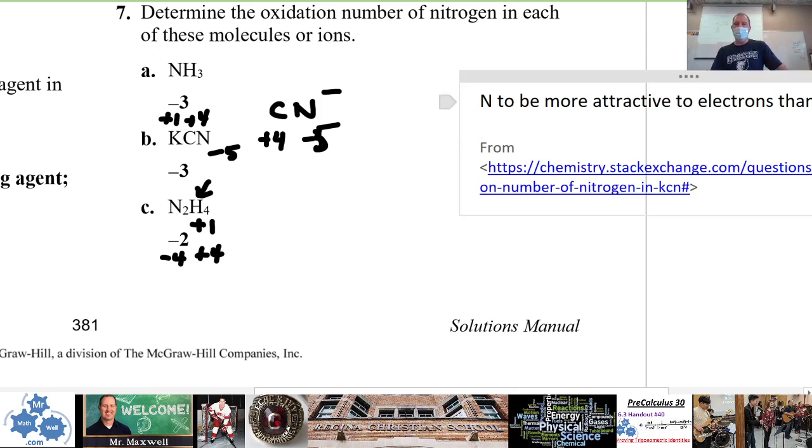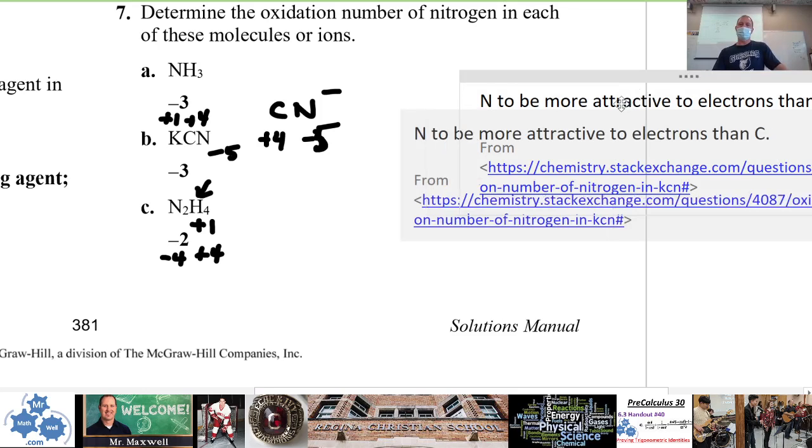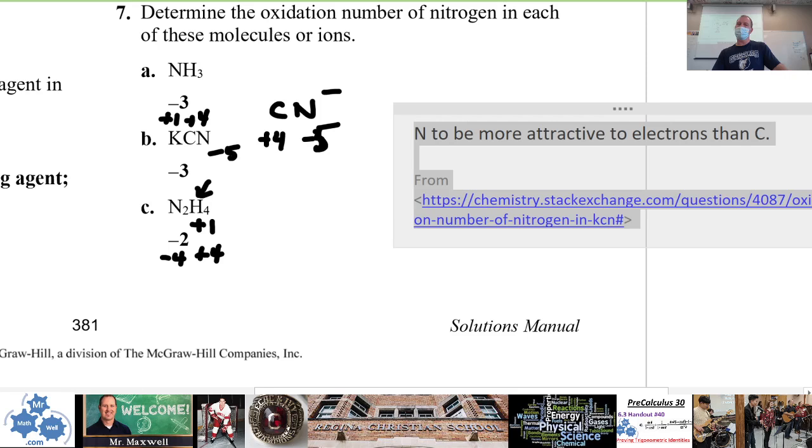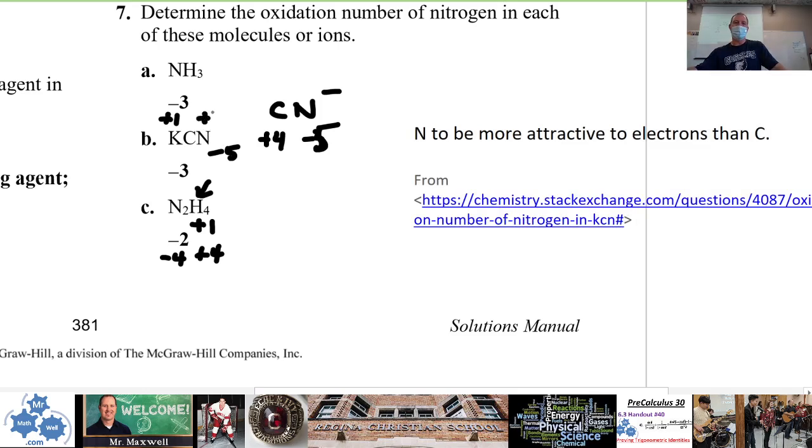So N will have a higher attraction to electrons than does C. So instead of saying C is always +4, you have to go to N next and say, you know what, N would be -3, and then C would have a different oxidation charge than, let's say, +4, which you might expect. So it'd be a +2 charge here for carbon. Nitrogen has a greater attraction for electrons than does carbon, so it would keep its -3 charge.